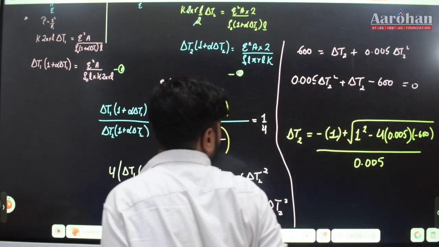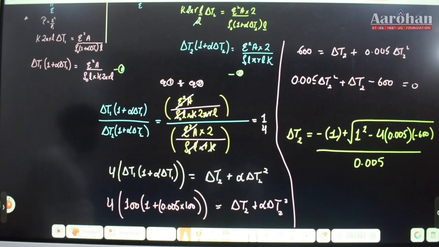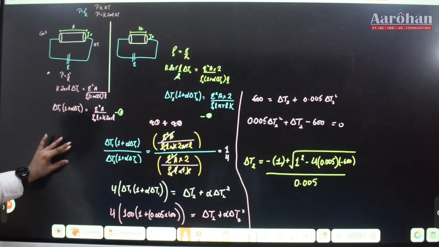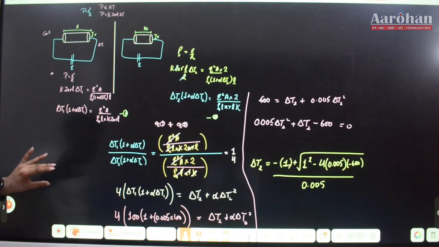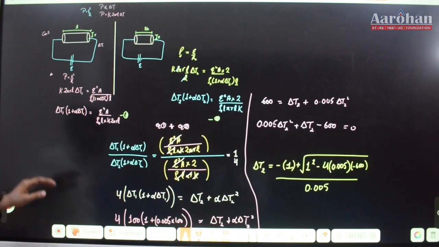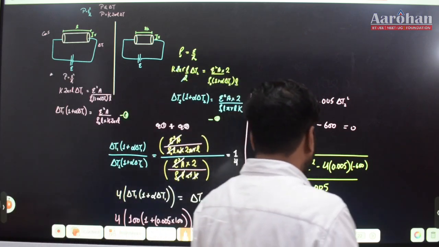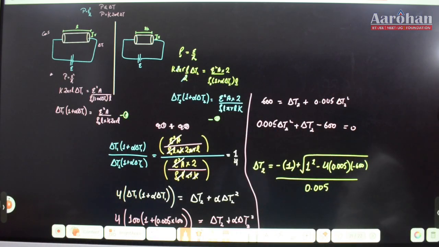Now it is just numbers, you can solve and you will get delta T2. So this is how you should have solved this question if you haven't, and if you have solved then it is well and good. So this was the question we discussed, I gave you in the previous class.